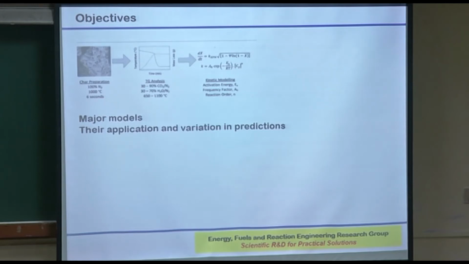Yes. So if you can recall, in another presentation, I had another student who produced the char, then collected and put back, and then collected and put back until he got 100% carbon conversion that way. So that was another piece of work wherein the student determined that you need about 24 seconds for full carbon conversion if you are operating the gasifier at 1000 degrees.